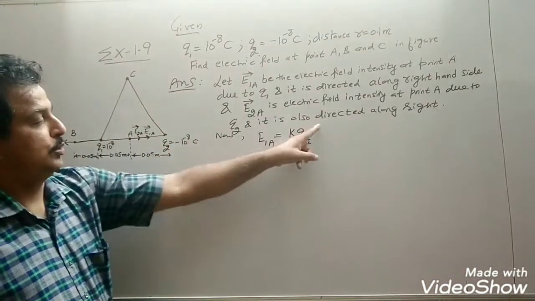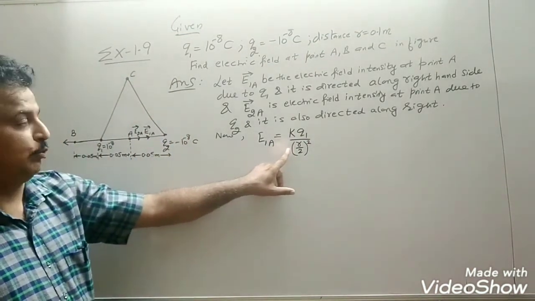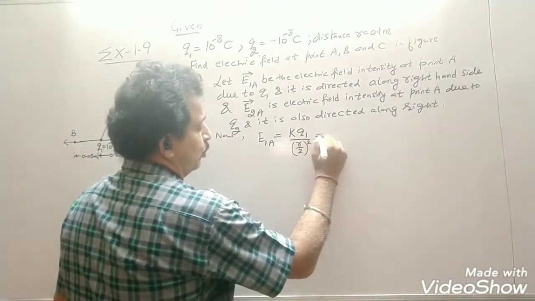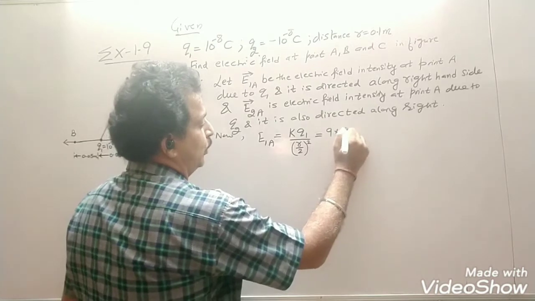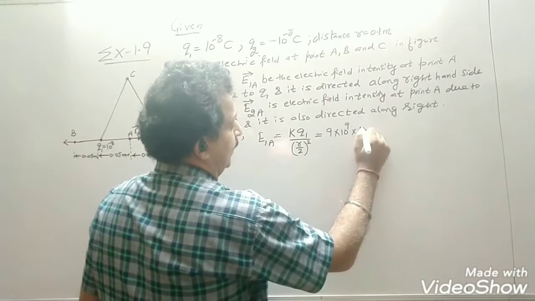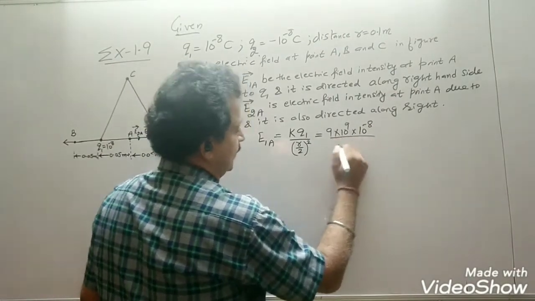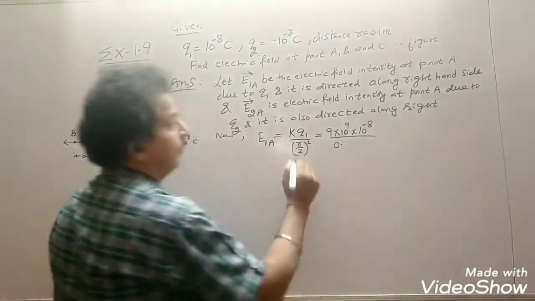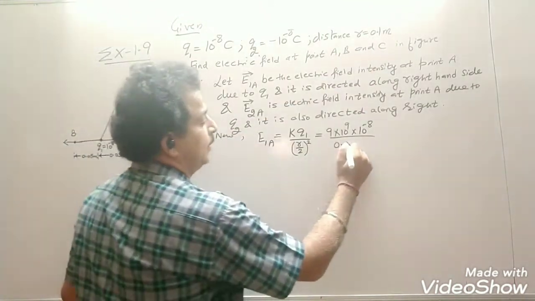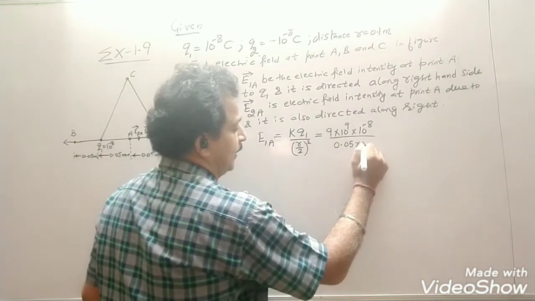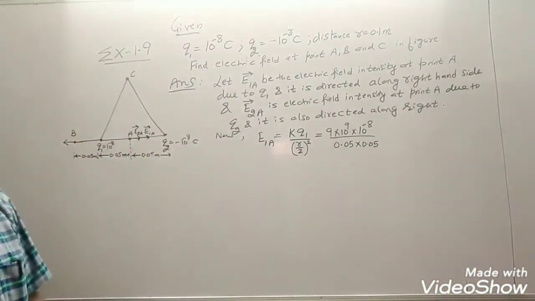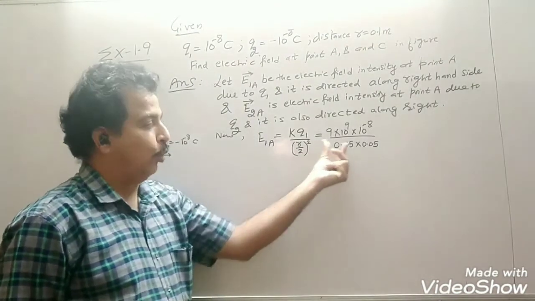So K Q1 upon R by 2 whole square is equal to 9 into 10 raised to 9 into 10 raised to minus 8, upon 0.05 whole square, that is 0.05 meter twice.